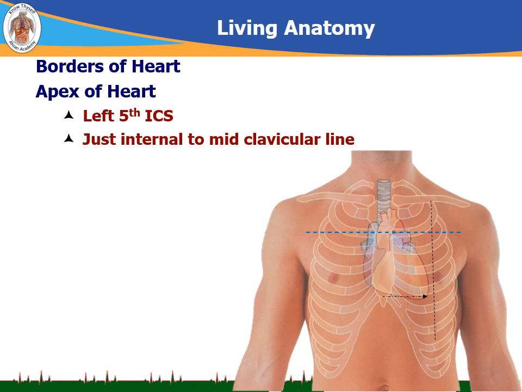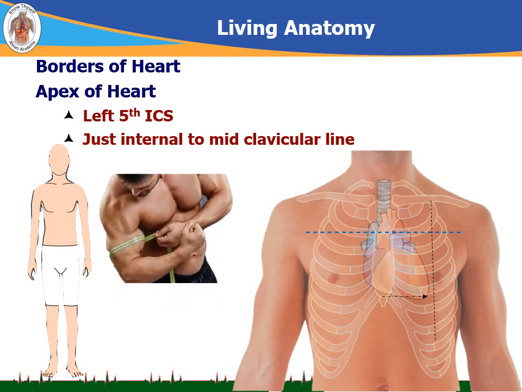It is better to mention that it is internal to the mid-clavicular line, because the dimensions of the body may vary. Some persons may be very thin though adult, and some adults have almost double the measurement. So if we express it in centimeters, that may be a mistake. So we should say it in this form.